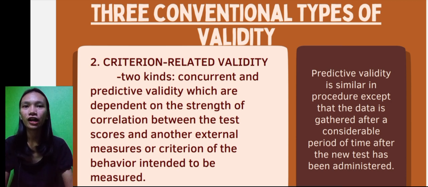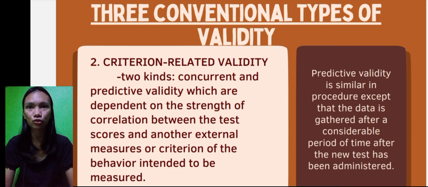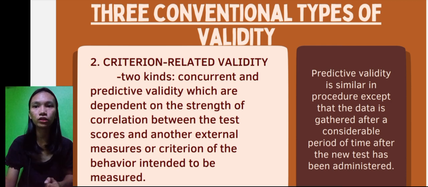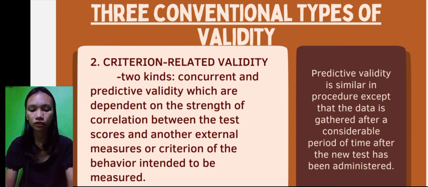For example, the standard assessment test, which is the predictor, is administered to high school students, and then their college grade point average, which is the criterion, is measured after a few years. So if the test scores correlate highly with their grade point average, the SAT would demonstrate predictive validity. Because again, criterion-related validity evaluates whether the test correlates well with a relevant criterion or outcome.